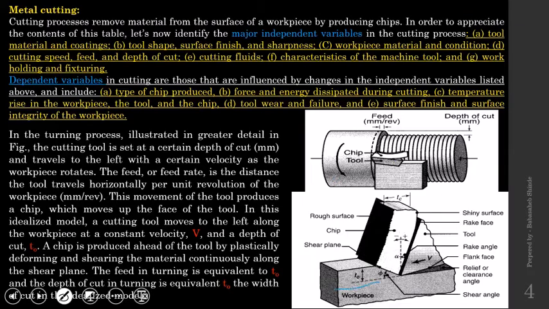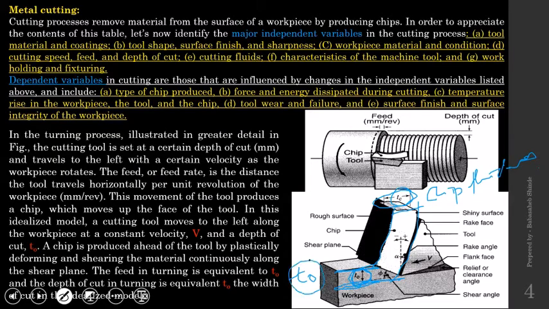Now this is the thickness of the material which is being cut, which is denoted by depth of cut or uncut chip thickness, denoted by T0. And after formation of the chip, this T0 will be converted into this TC, because the same material has been converted into chip and its width has changed, or its thickness has changed, and that thickness will be denoted by TC, and it is called the chip thickness.